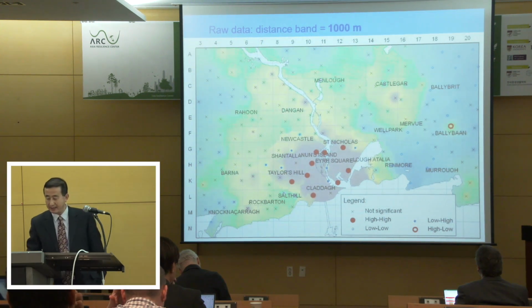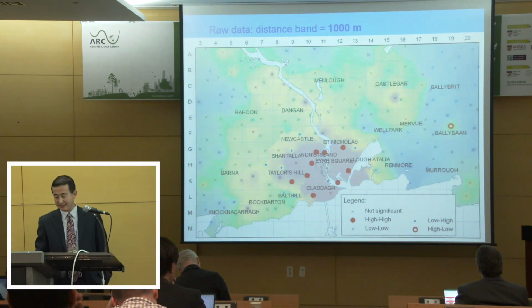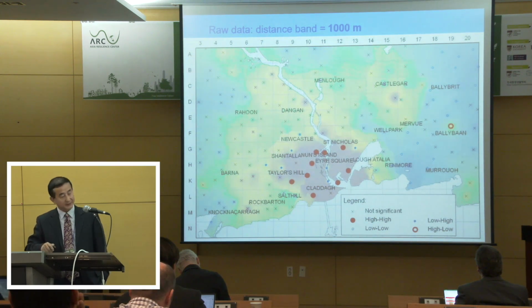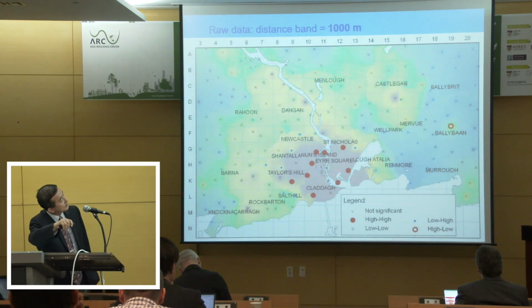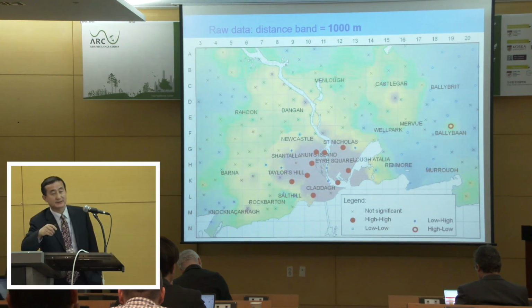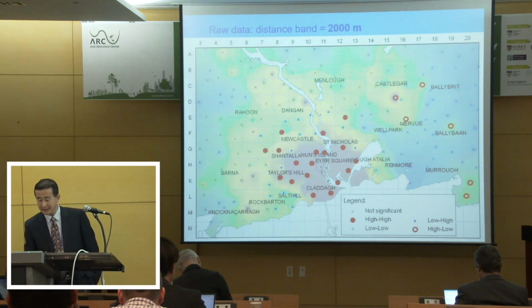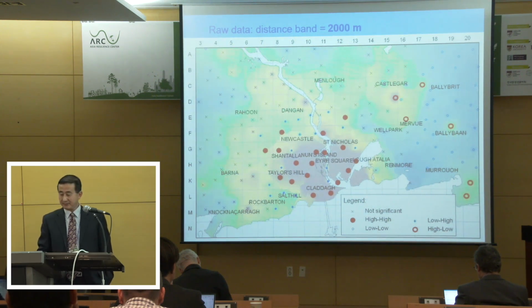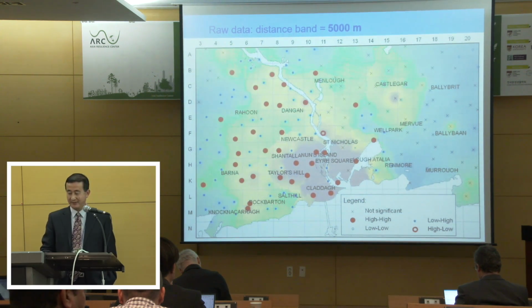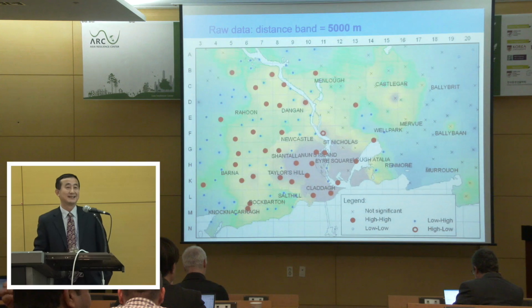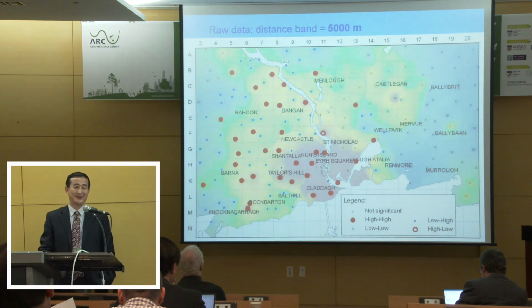We choose a band of 1,000 meters, then we get the results: high-value clusters, some low-value clusters, and also some outliers. That's the result for the distance band of 1,000 meters. Then we choose 2,000, and then 5,000. So you can see the results are different.